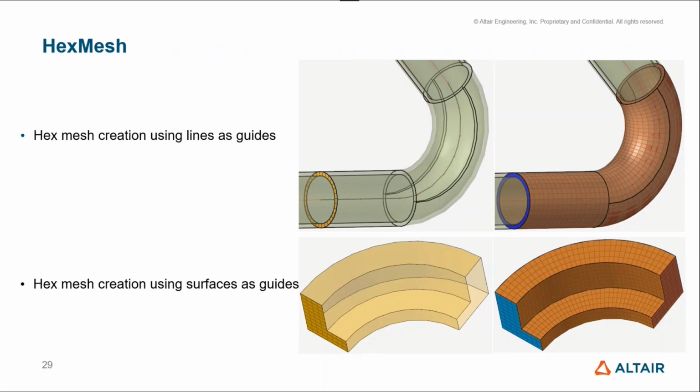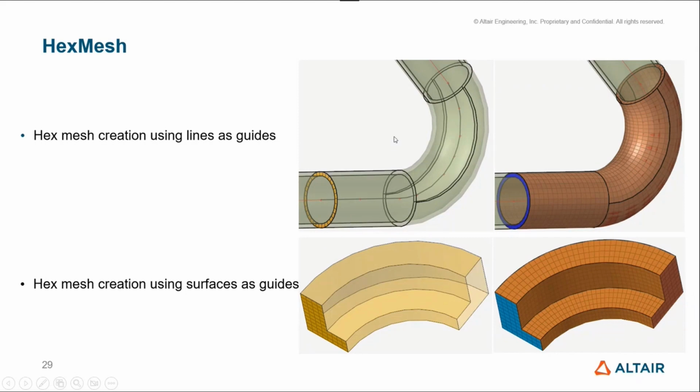The next method in this tool is, in the above example, you can see that there are source meshes in the hollow cylinder, but the cylinder construction lines are not continuous. They are flipped 90 degrees in the bend. In such cases, mappable solid fails in those regions.